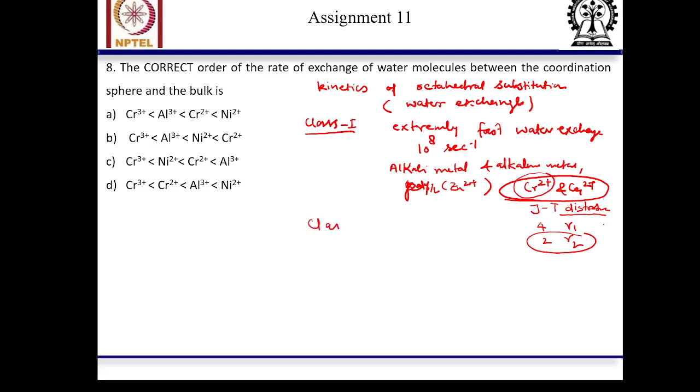What is the class 2 material? Class 2 have water exchanging fast. This is the class 2 material, and their rate will be 10 to the power 5 to 10 to the power 8 second inverse. Now, what kind of material do we have?